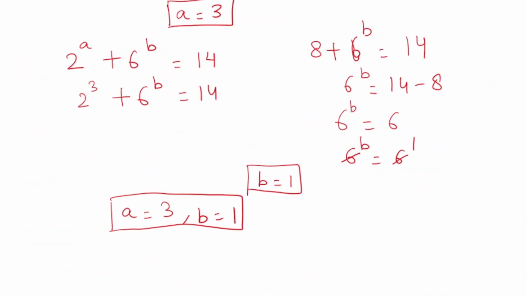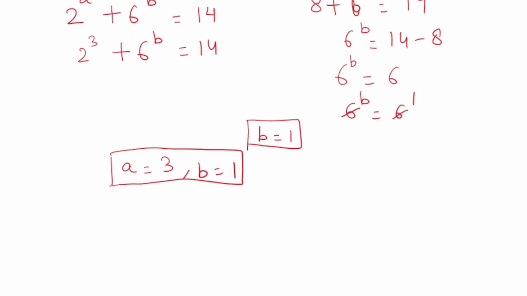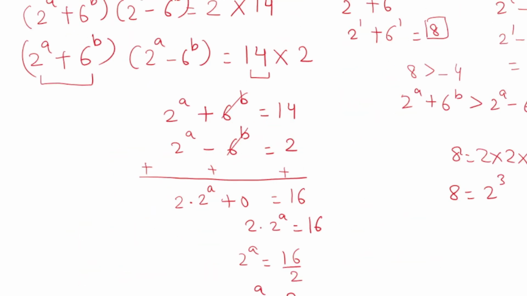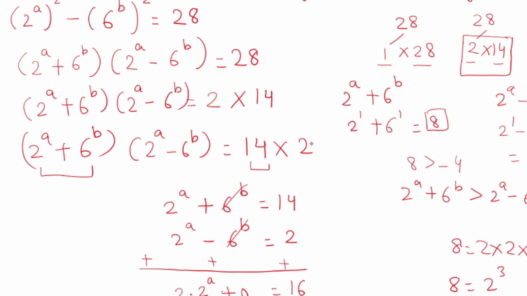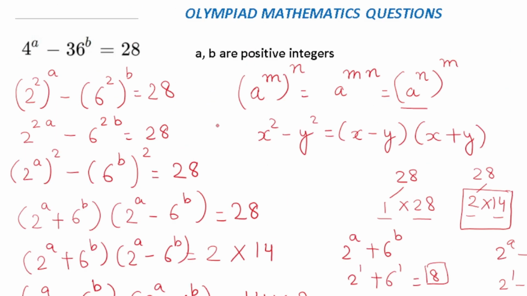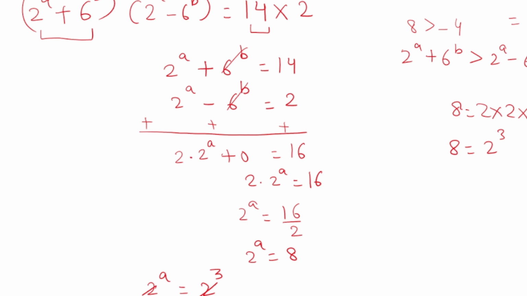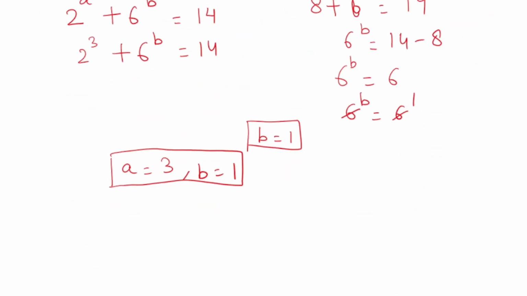We have solved the whole equation by forming two separate equations, by writing the left hand side in the factorized form using some exponent formulas, and by writing the right hand side in the product form or factored form. So we have got our answers: a equals 3 and b equals 1, where both a and b are positive integers.